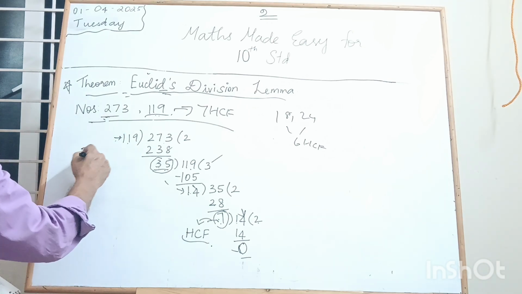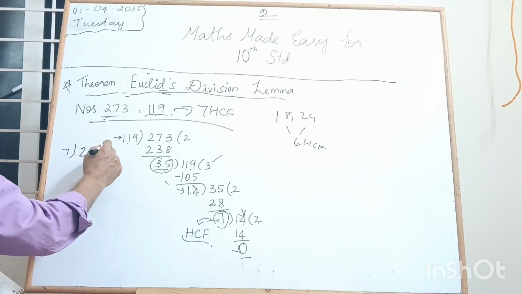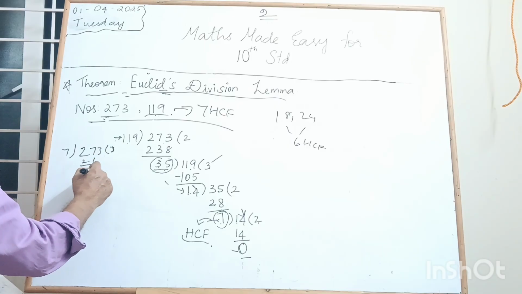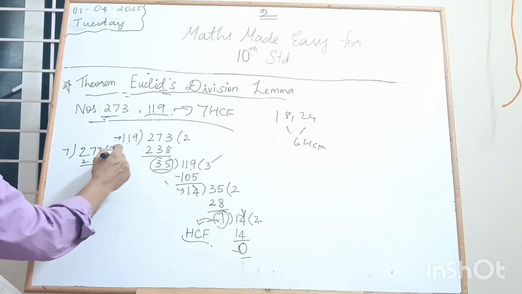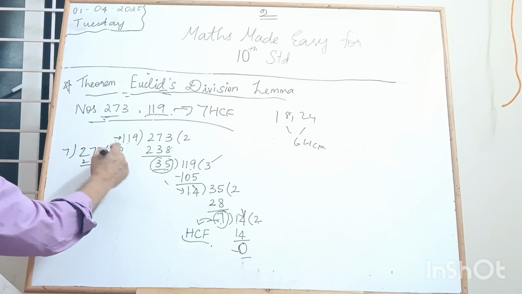If you divide 273 by 7, 7 times 9 is 63, so the answer is 39.